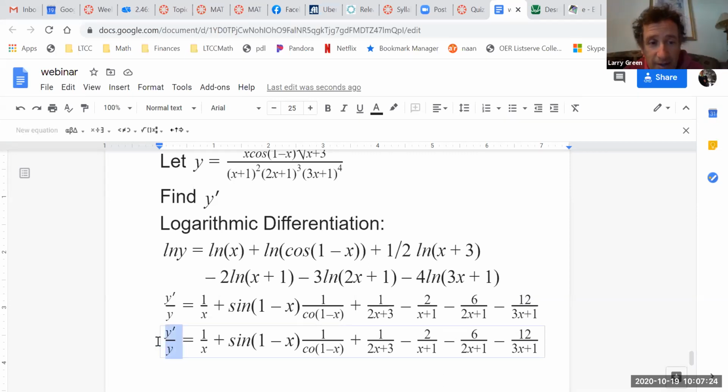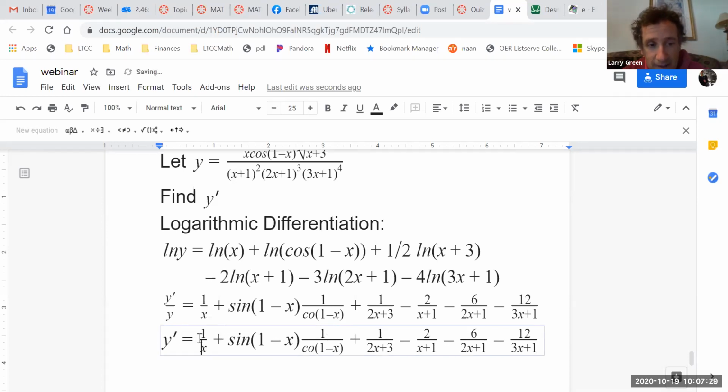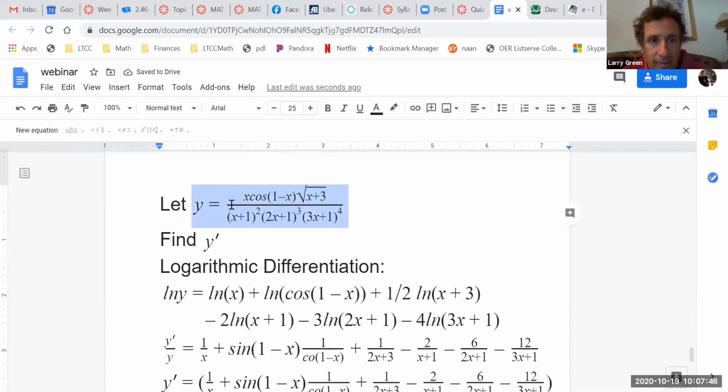And what we can do is that gives us y prime by itself. Put this in parentheses, and I'll have it do on the next line because there's no space, times y.